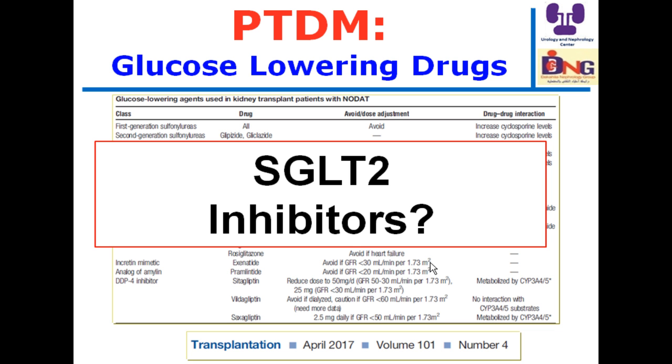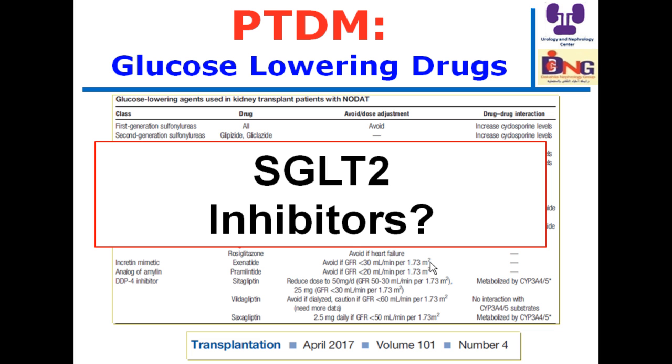Pioglitazone, avoid if there is heart failure. Incretin mimetics like exenatide, avoid if GFR is less than 30 ml per minute. DPP-4 inhibitors: sitagliptin, reduce to 50 milligram if estimated GFR is between 50 and 30 ml per minute, and to 25 milligram if GFR is less than 30 ml per minute, and it is metabolized by the cytochrome system.